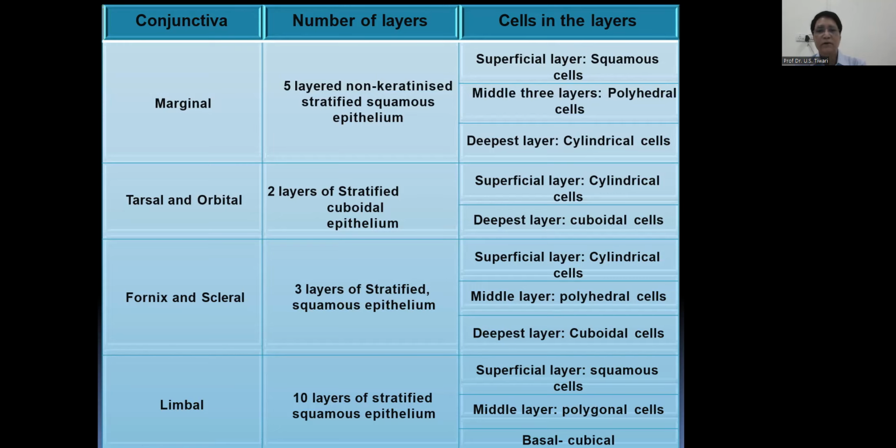The fornix and the scleral part are 3-layered: the superficial layer, cylindrical cells, the middle layer, polyhedral cells, and the deepest layer, cuboidal cells. Whereas the limbus is a multi-layered stratified squamous epithelium, as I said. The superficial layer is squamous cells, the middle layer is polygonal cells, and the basal cells are cuboidal cells. So this is the histology of the conjunctiva.